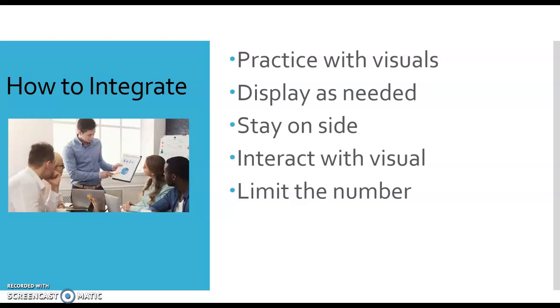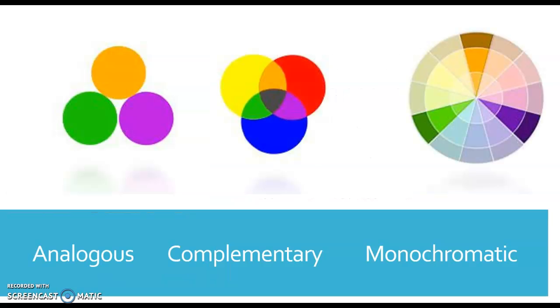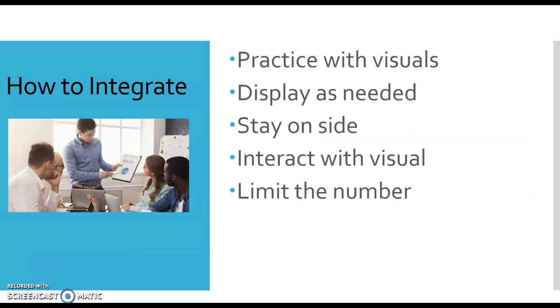The second item of integration, display the specific visual as needed, okay? So for example, I was just sharing with you color schemes. Once I was done with that content matter, I advanced the slide. So if you're using technology, advance the slide. And if you don't have a visual for the next topic you're discussing, simply insert a blank slide.